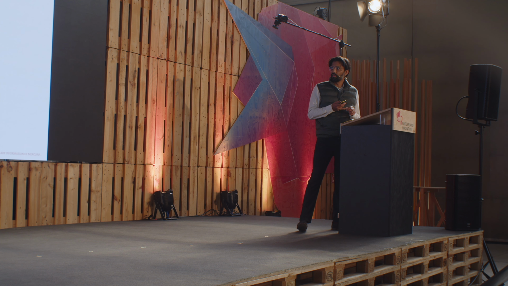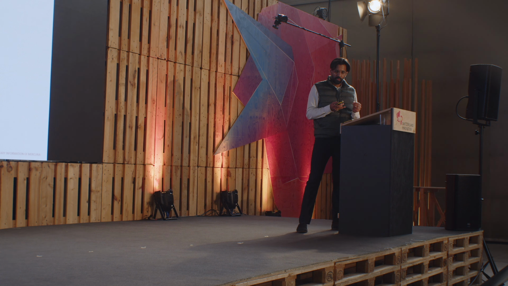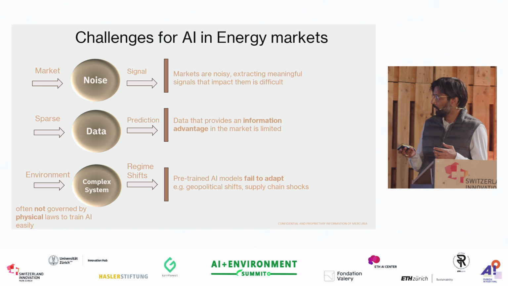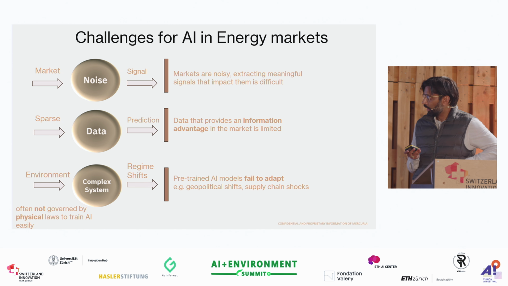In addition to this, a lot of the information which can add value to us tends to be super sparse. So, the information advantage and the asymmetry in it is what ends up enabling us to trade. So at the moment with AI, this is quite difficult to extract.